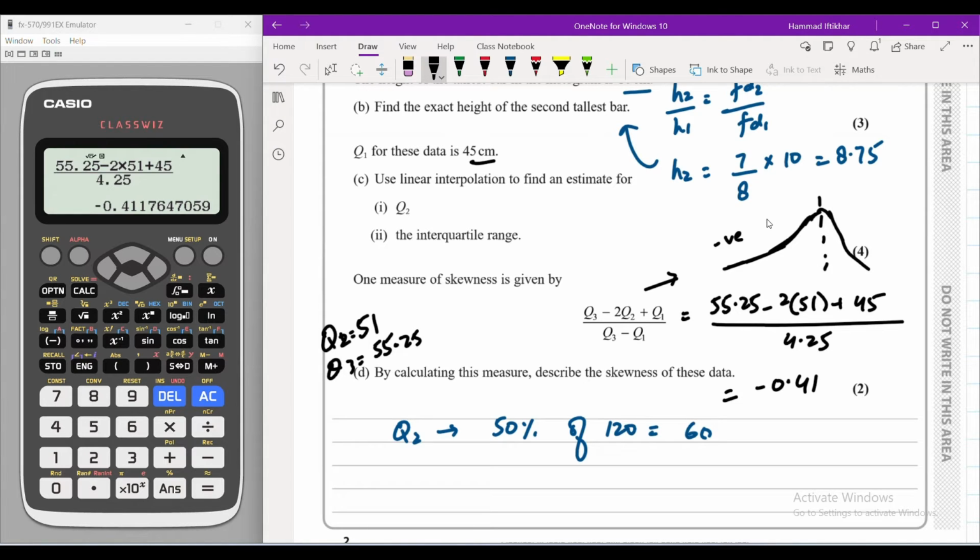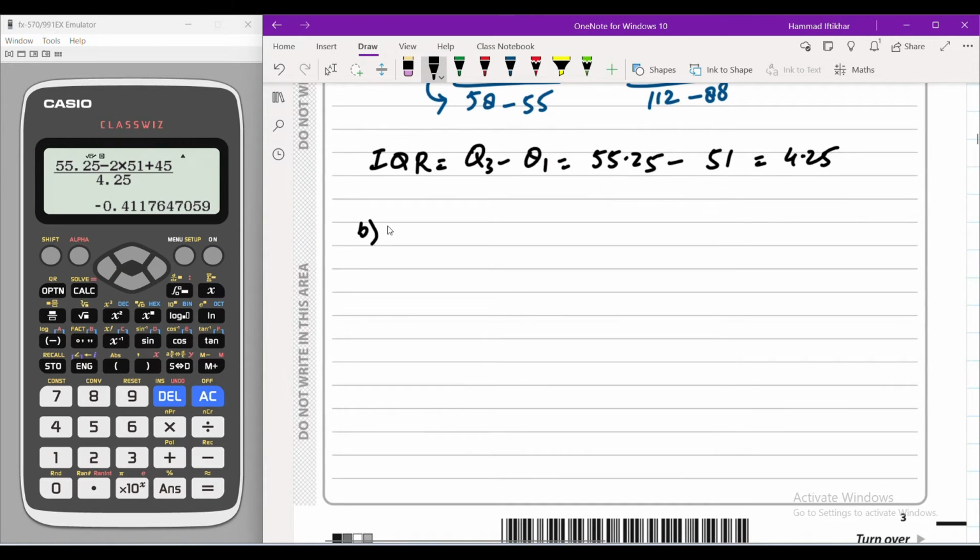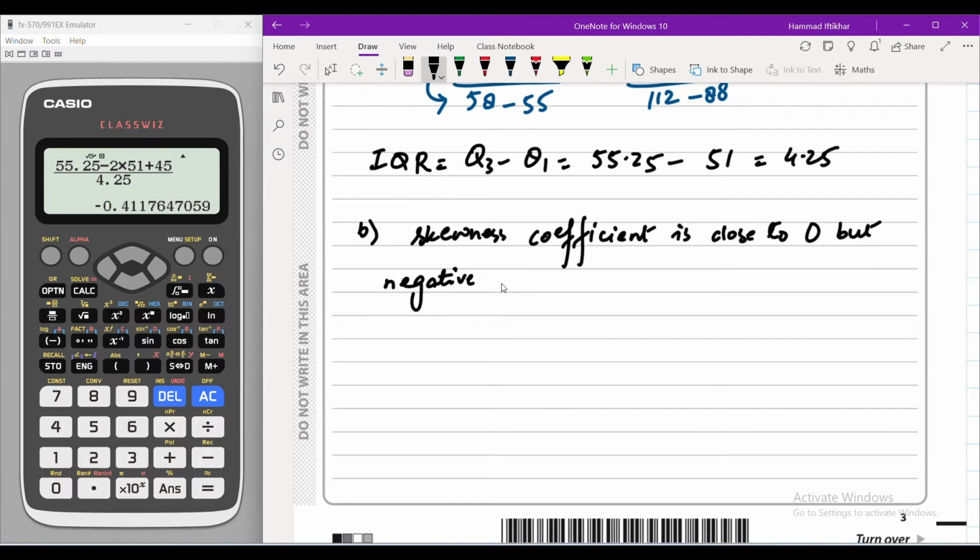So we will say that the skewness coefficient is close to 0 but negative, indicating a slightly longer tail left of the mean.